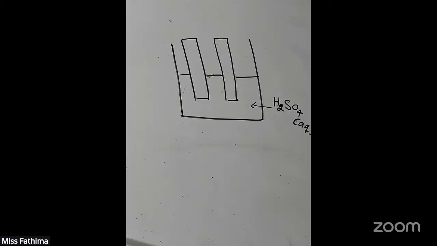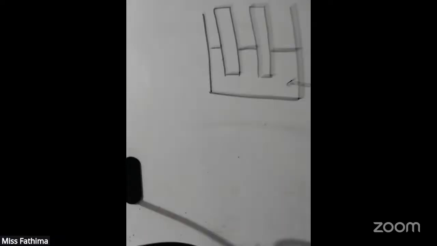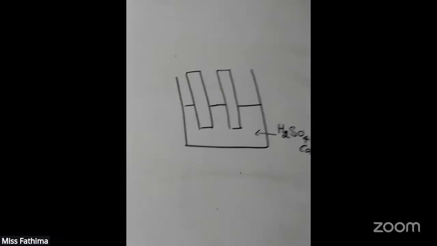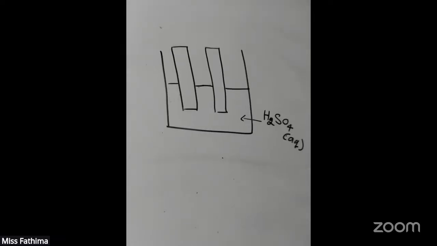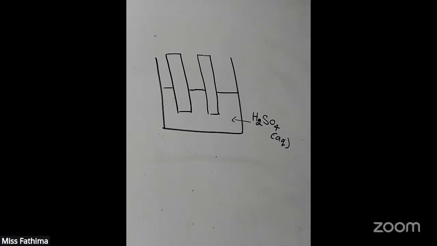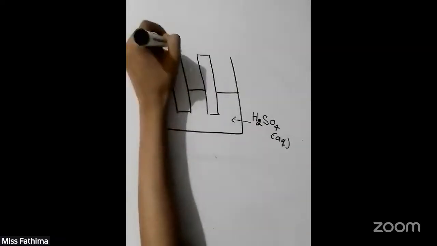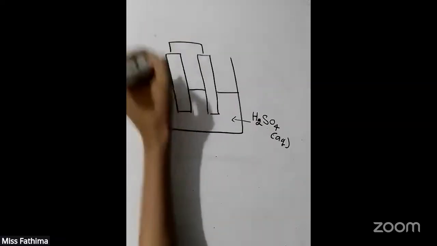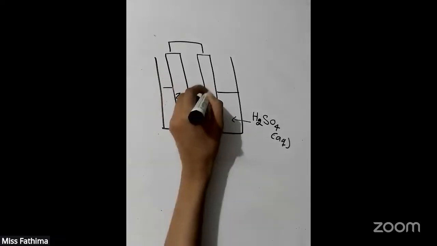You are going to use diluted sulfuric acid. Then here I am going to take two electrodes, one is going to be zinc and one is going to be iron.